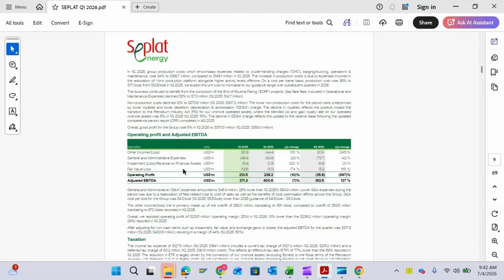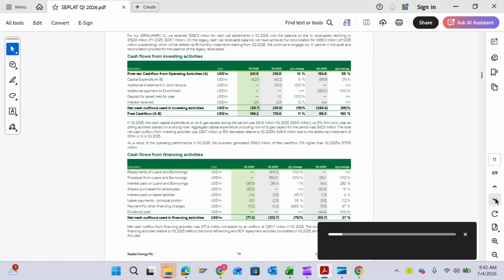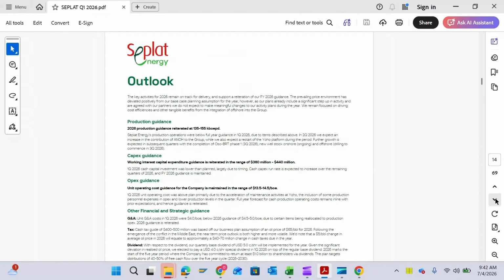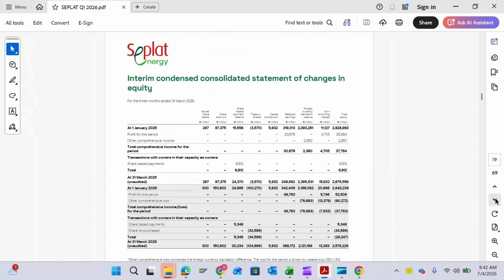So now let's go to note 7. So this is a statement of equity.